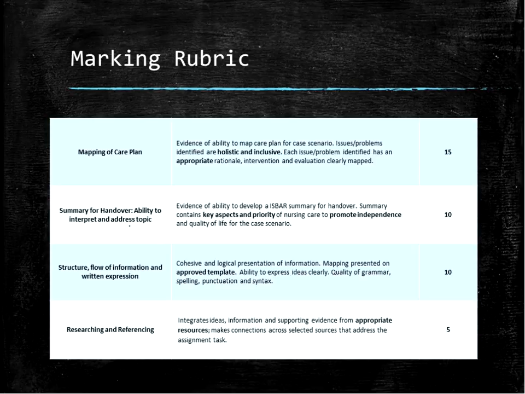Use the approved template, write so I can understand you, and then your research. You do need to use appropriate resources. I don't want to see any consumer websites. I don't want to see any Wikipedia entries. I don't want to see any crazy consumer websites.